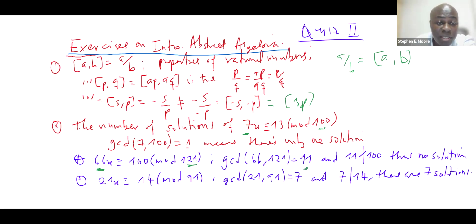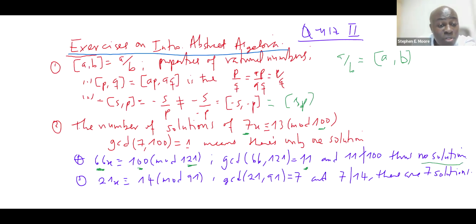If it divides, then you know there are a certain number of solutions. But if it does not, then you say there are no solutions, because the GCD does not divide this 100 that we have here.